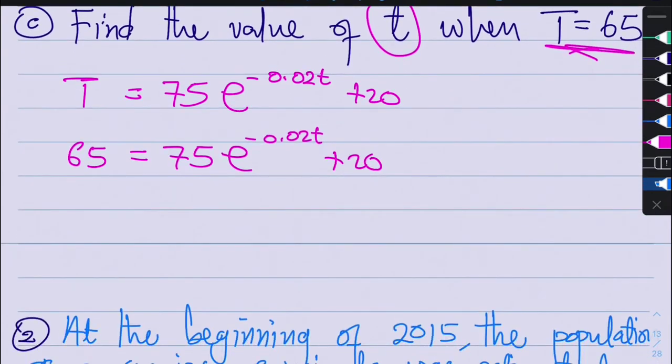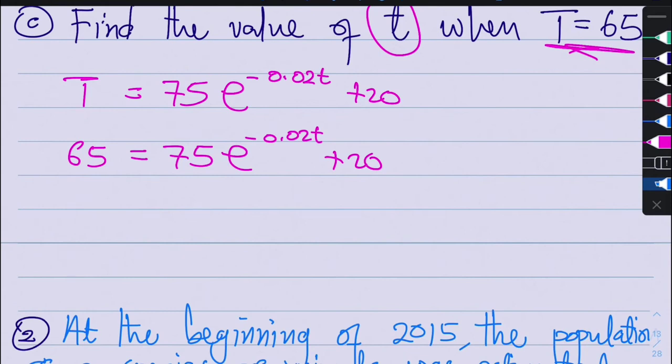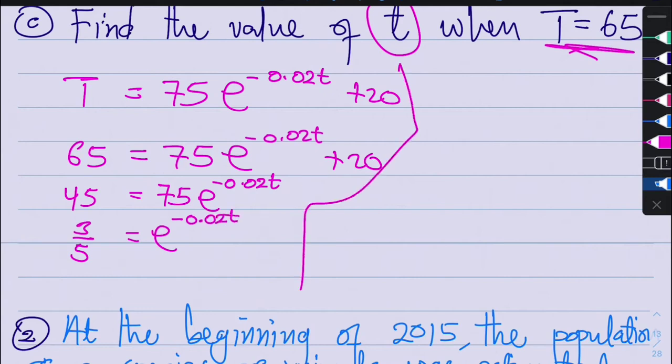That's okay. We just move the 20 to the other side. So 65 minus 20, we have 45 is equal to 75 e to the power negative 0.02 t. We can divide both sides by 75, and 45 divided by 75 will give us 3/5 is equal to e to the power negative 0.02 t.